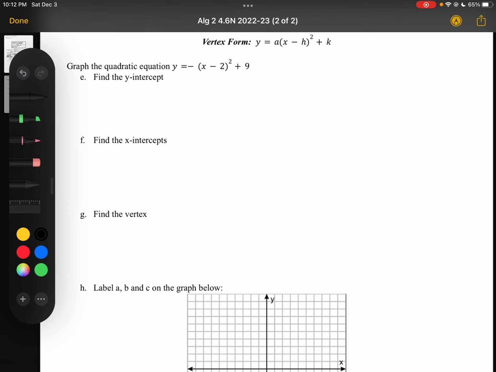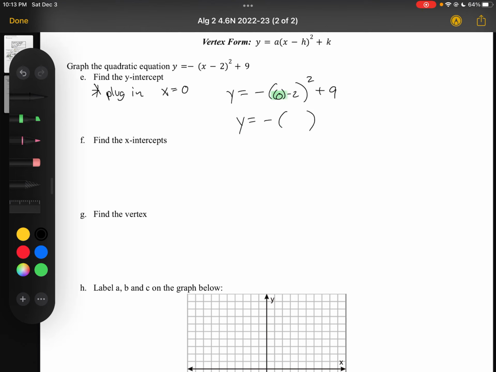And when we are in vertex form, some of the options we have for solving change, but more or less it gets us into a situation where we're still able to solve, and things do end up working out for us quite well. So to find the y-intercept, we still plug in x equals 0. So we'll just rewrite our function here, and wherever x was before, replace it with a 0.